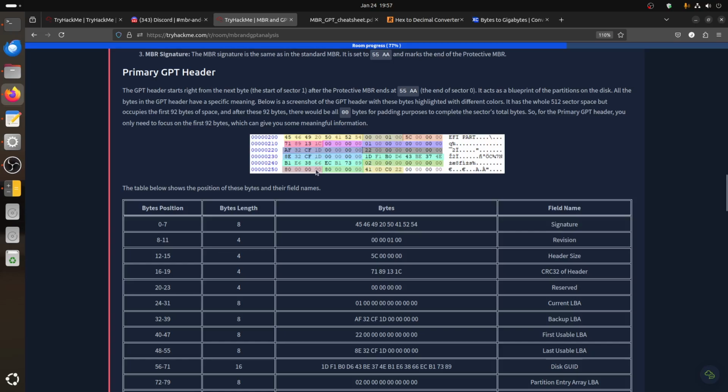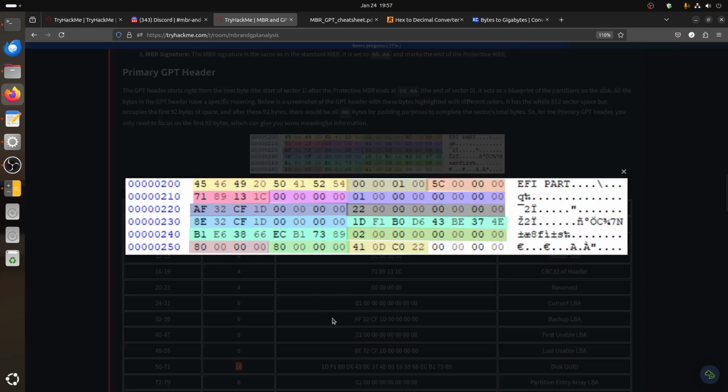Actually, I don't want to redo this video. From 56 to 71, there are 16 bytes in the block. If you follow, where is this 1DF1? I can see it. Ah, this one, 1DF1.